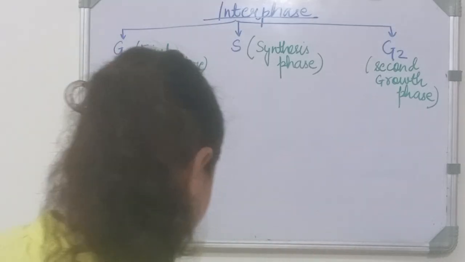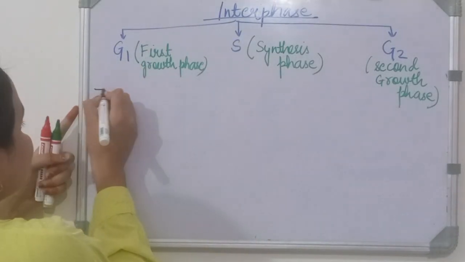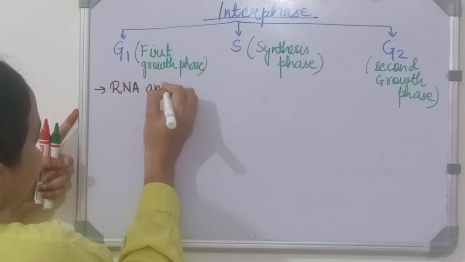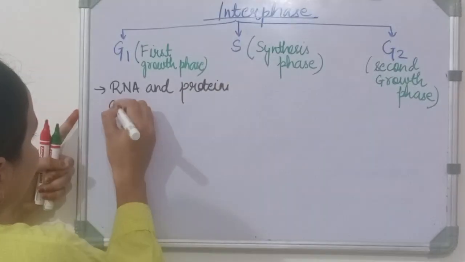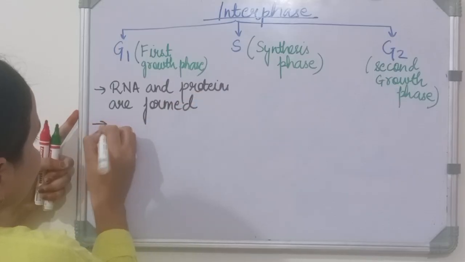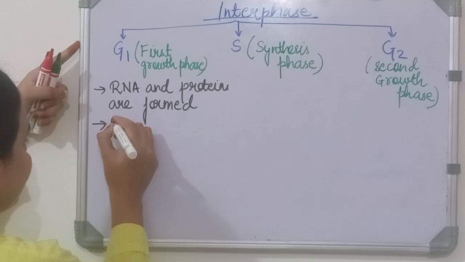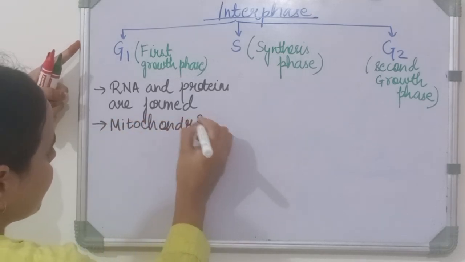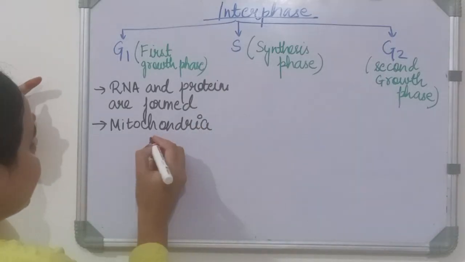So let's write all these points. During G1 phase what happens? Some amount of RNA and proteins are formed or synthesized. Then next what happens? In G1 phase, mitochondria in all cells, both plant as well as animal cells, divide.